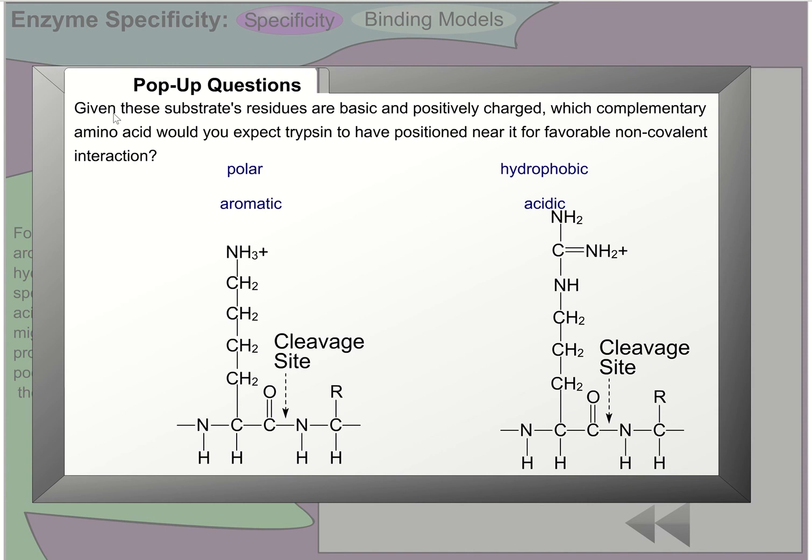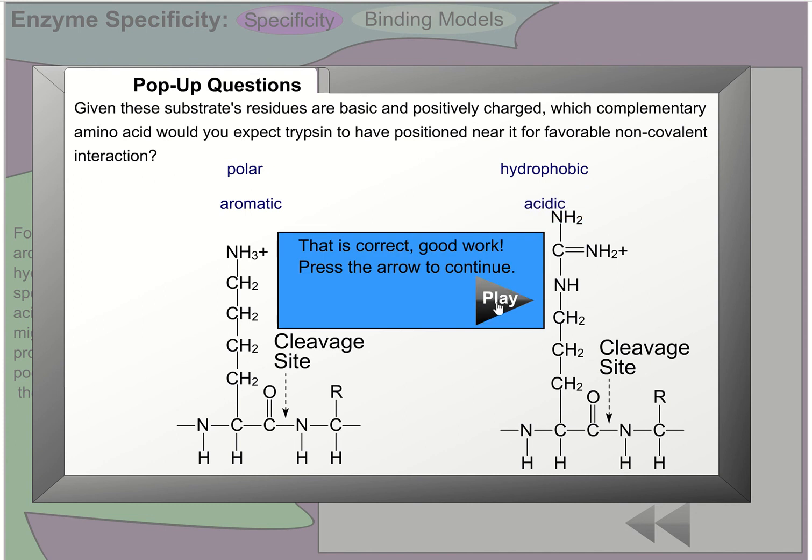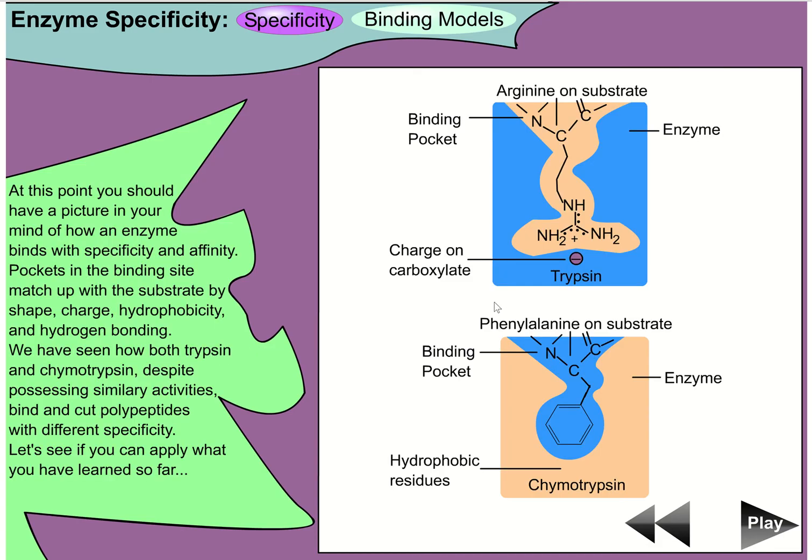Okay, now given that the substrate side residues are basic and positively charged, which complementary amino acid would you expect trypsin to have in the active site next to the substrate? So if the substrates are positive, then the amino acid side chains that are interacting with them must be the opposite, which are acidic. And that's what they're showing you.